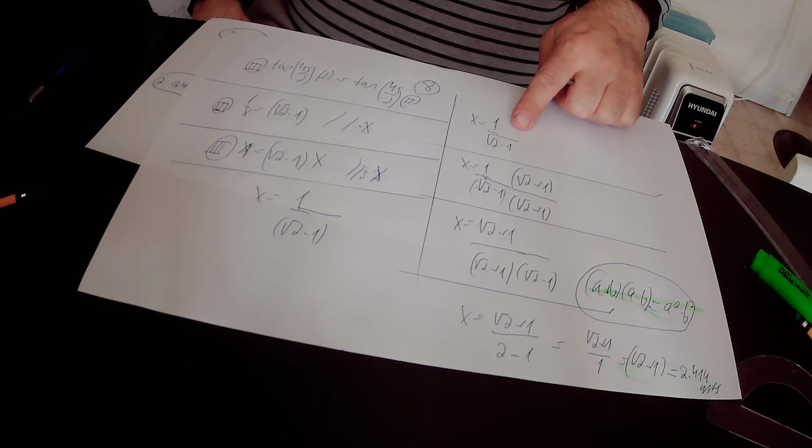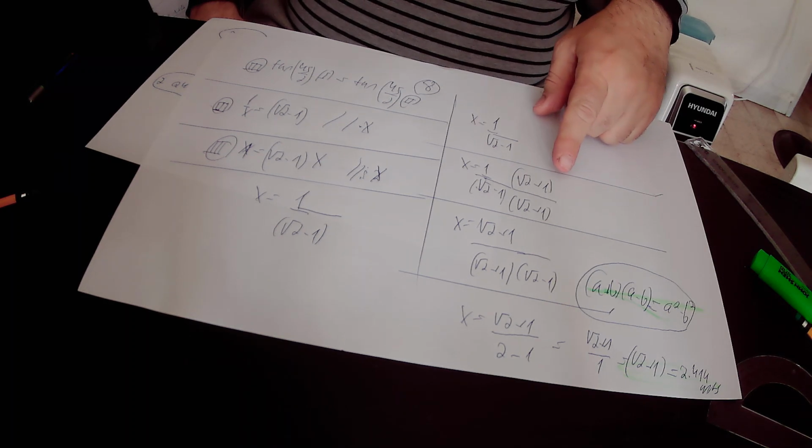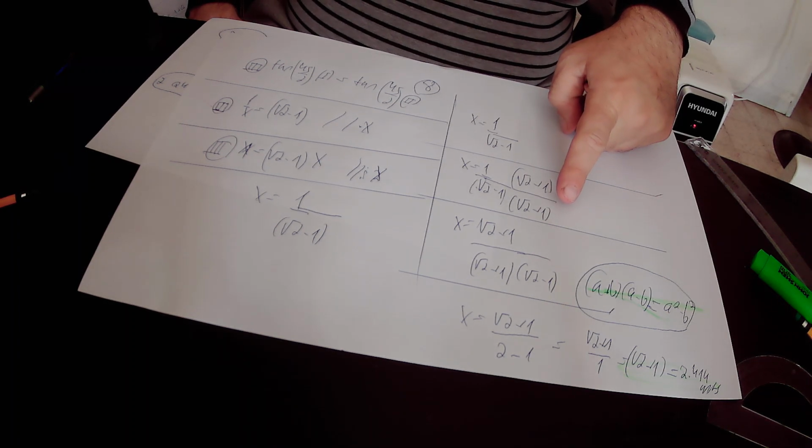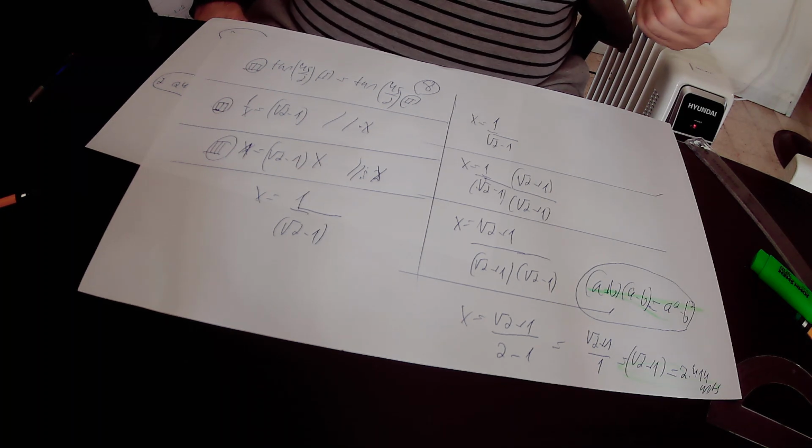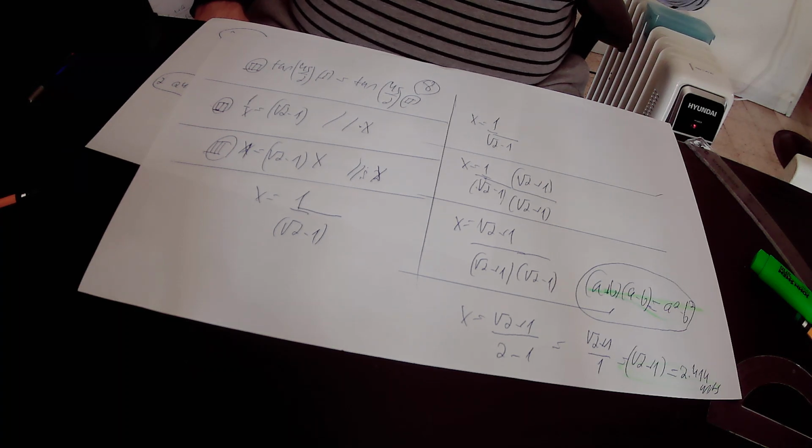In the next step, we multiply by the square root of 2 plus 1, and then divide by the square root of 2 plus 1. The square root of 2 plus 1 over the square root of 2 plus 1 is 1, and it is allowable to multiply anything by 1.